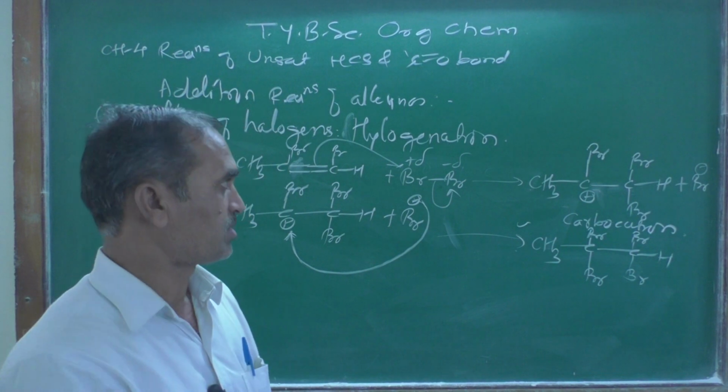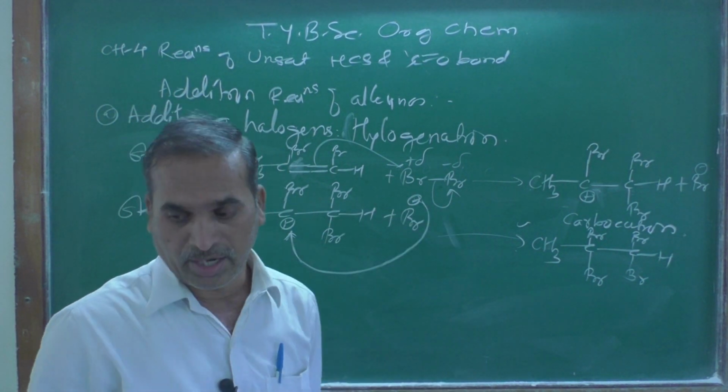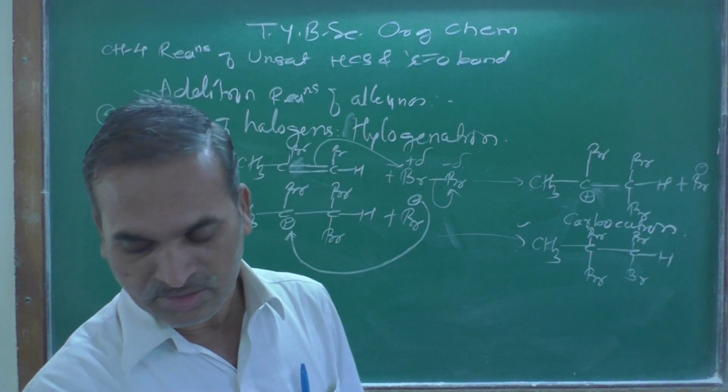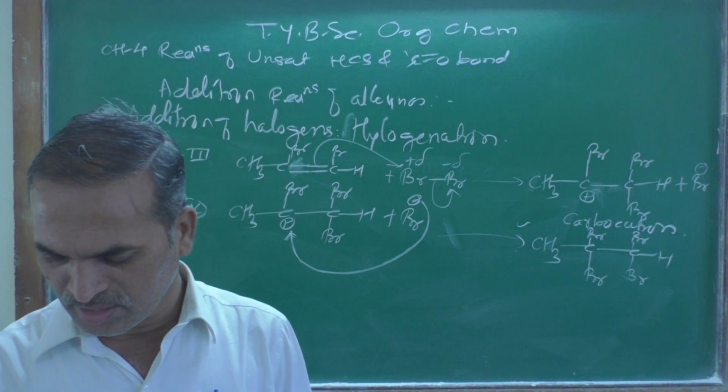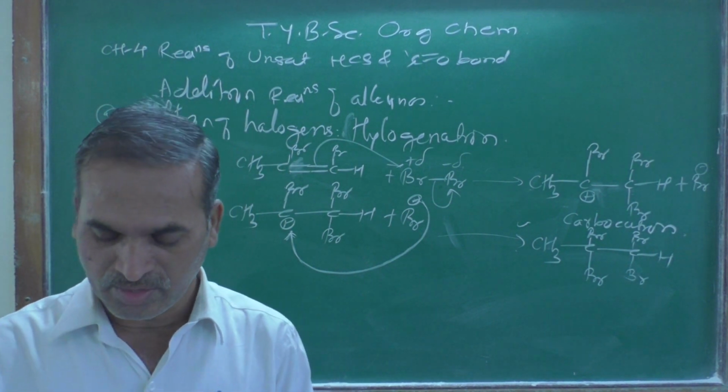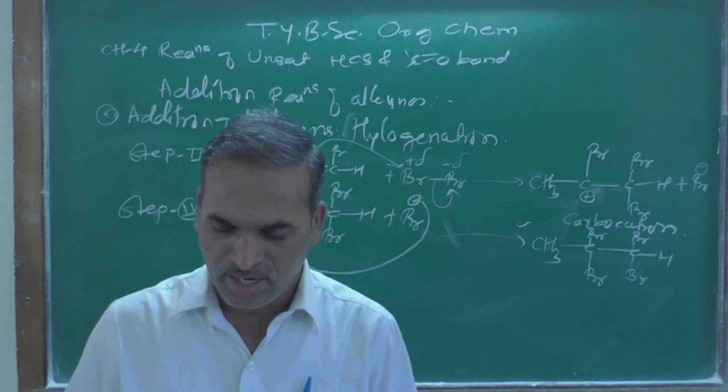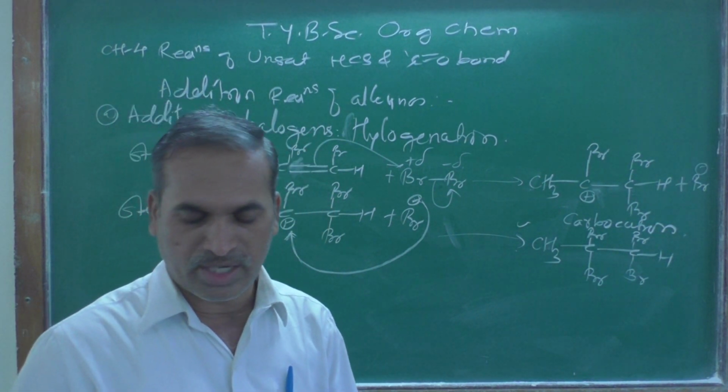So the first step only is the rate determining step, whereas the second step is a very fast step, and we are going to get this. Now let us look at the next one, addition of halogen acids.